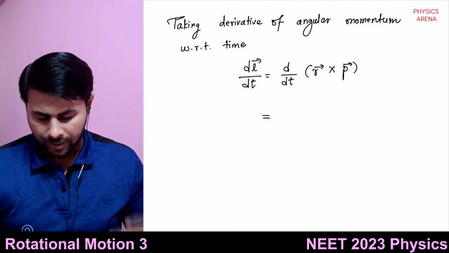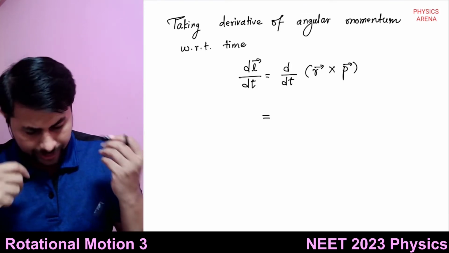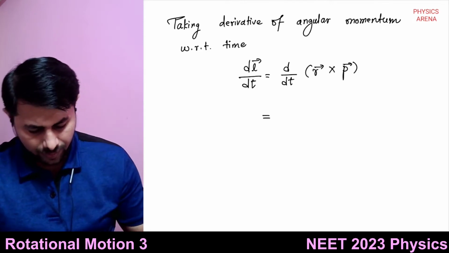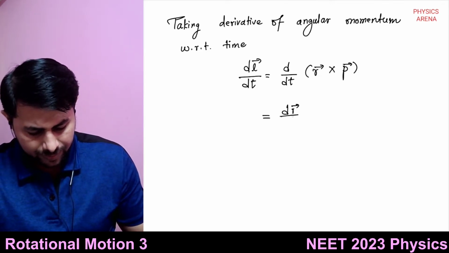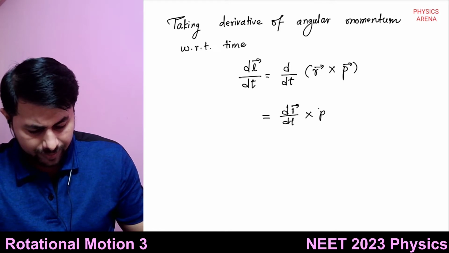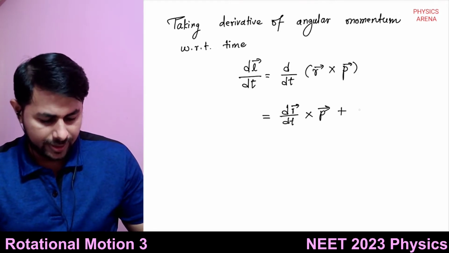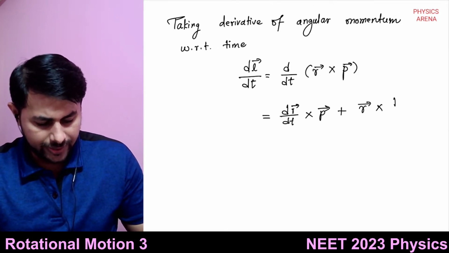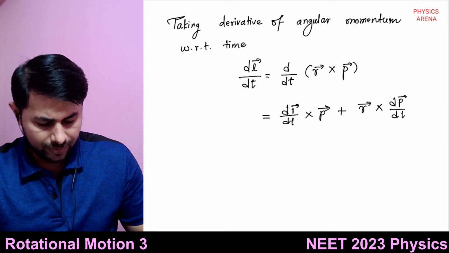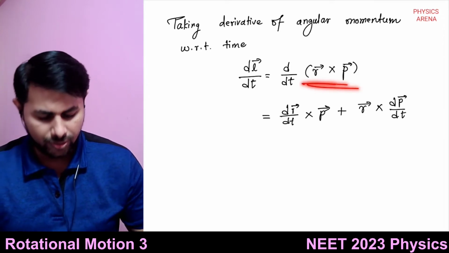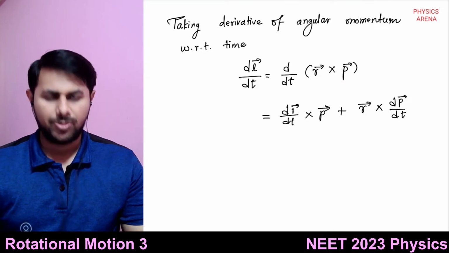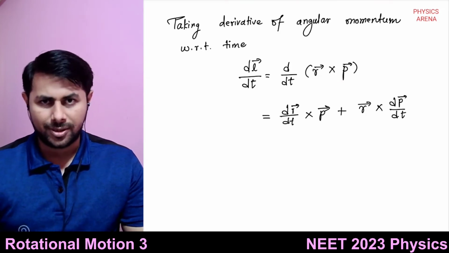Which is dr bar by dt cross p bar plus r bar cross dp bar by dt. So this is the product rule of derivative, right? If you have a product, scalar product, vector product, doesn't matter.